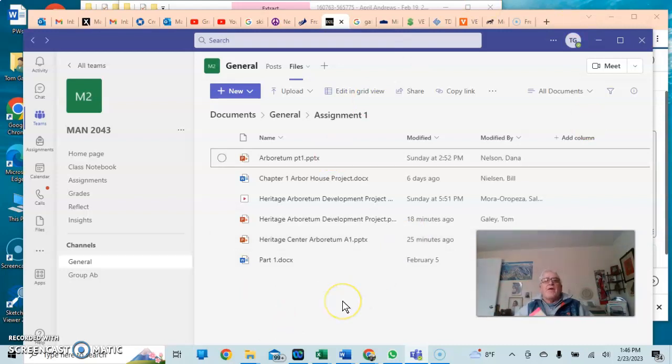Now, my notes on content. My question is, in your discussions prior to making this presentation, were you coordinating things like the vision? Were you coordinating vision statements? I think it would be helpful for you to do that.